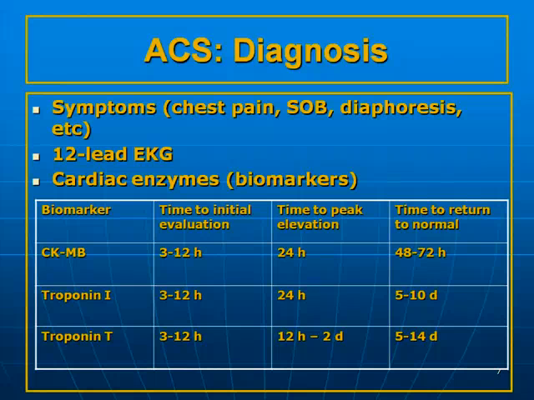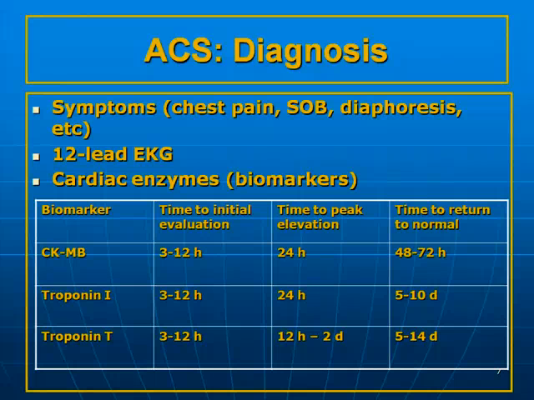The time to peak is about the same for troponin and the creatine kinase. We use primarily troponin I. I don't know very many institutions that use troponin T, but its time to peak can be a little more variable. But where I think the real difference is in terms of biomarkers is the duration with which creatine kinase remains elevated is much shorter. 48 to 72 hours, essentially it's cleared, it's gone.